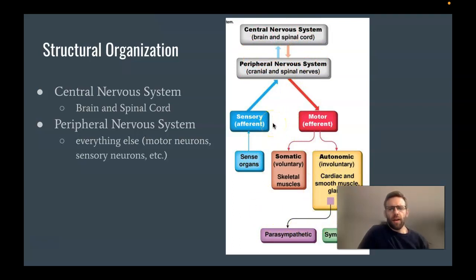The peripheral nervous system is pretty much anything that is not the brain and the spinal cord, particularly nerves that are going throughout your body. It could be sensory nerves and neurons, it could be motor neurons, but these are all things that are not part of the brain and the spinal cord. They're in constant communication with each other, back and forth, but those are two separate systems within the nervous system.